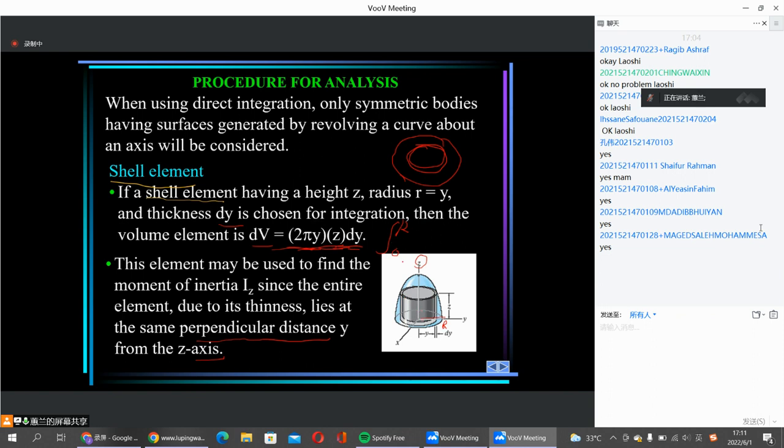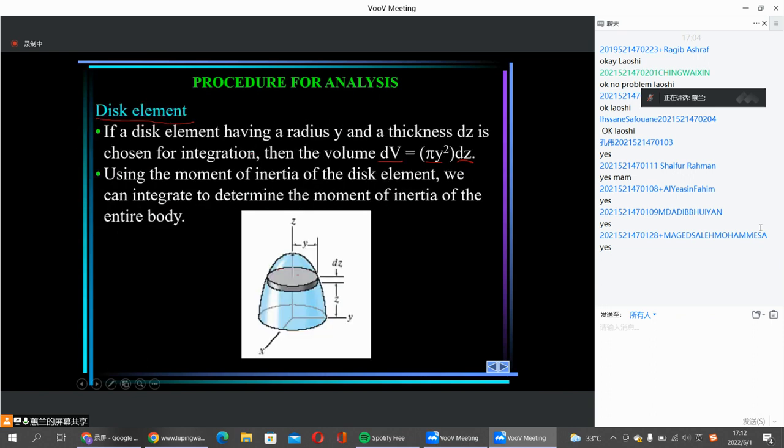Because we need to determine the integration range, the lower limit and the upper limit. Yes, when you choose the shell element, that is right. And when you choose the disk element, the limit will be from z equal to 0 to the height h.